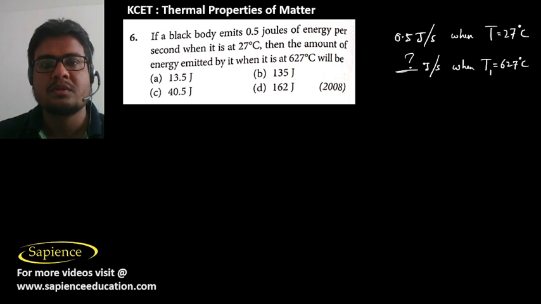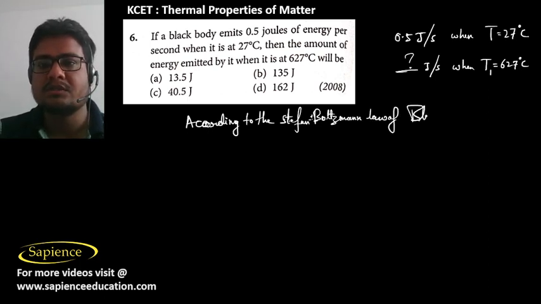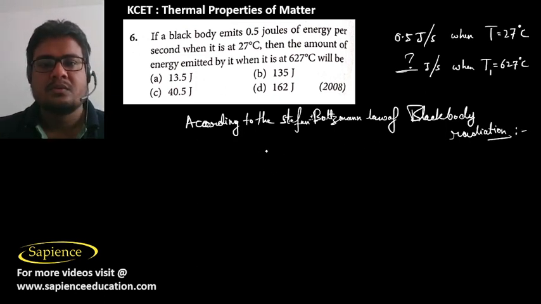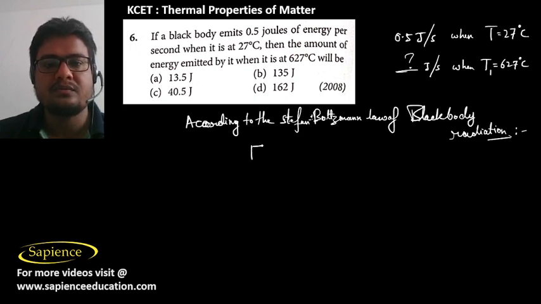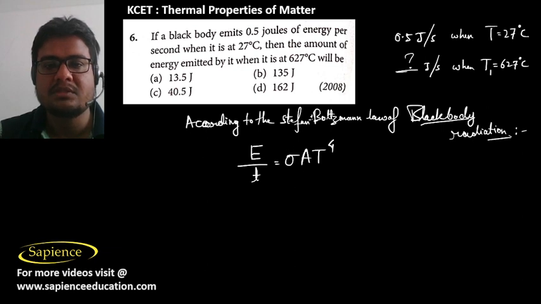Okay, so according to the Stefan-Boltzmann law of black body radiation, we can say that the rate of emission of heat, meaning energy emitted per unit time, is given as sigma A T power 4 by a black body, where T is the absolute temperature of the black body and A is the surface area of the black body, and sigma is called the Stefan's constant.